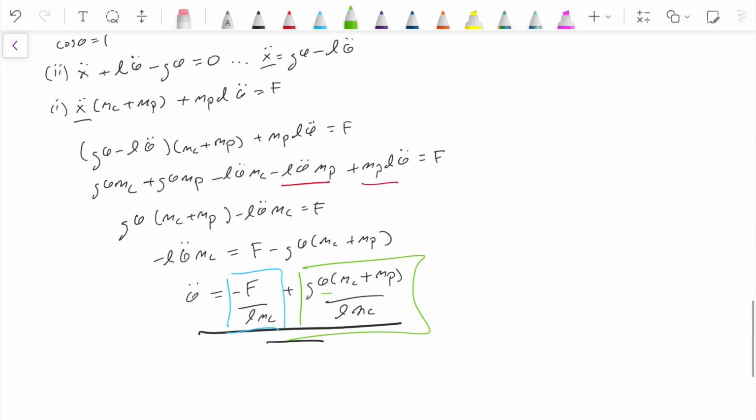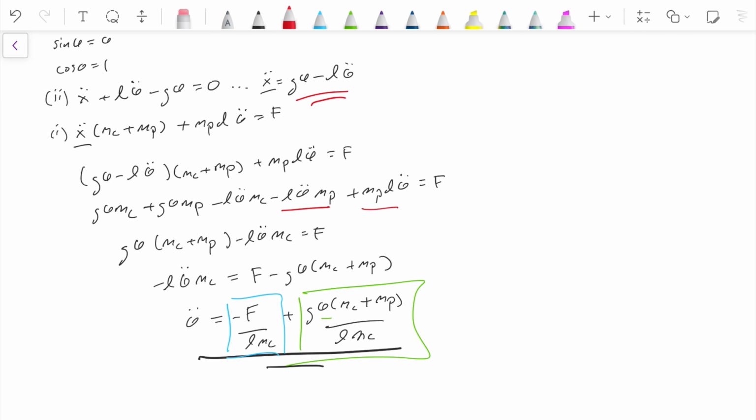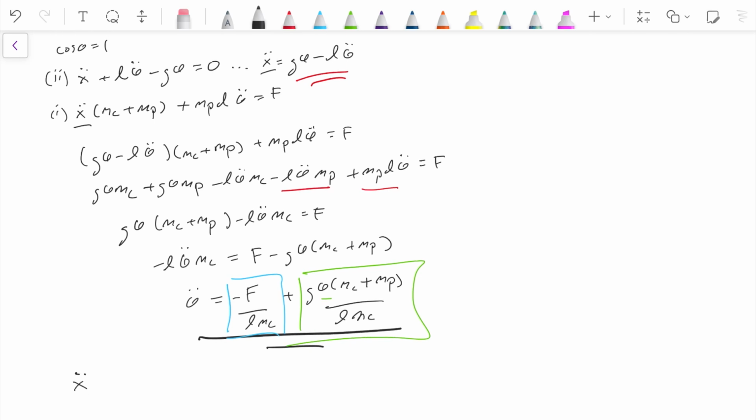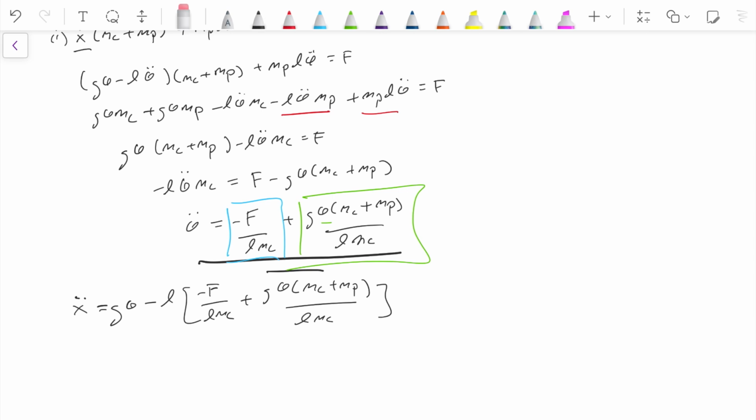So those are our first two, but we still have this lingering one up here. So now let's actually plug theta double dot back in, because right now x double dot is expressed with theta double dot. So we have g theta minus L times, and let's do this first, minus F over L Mc plus g theta (Mc plus Mp) over L Mc. Okay, so the L's cancel.